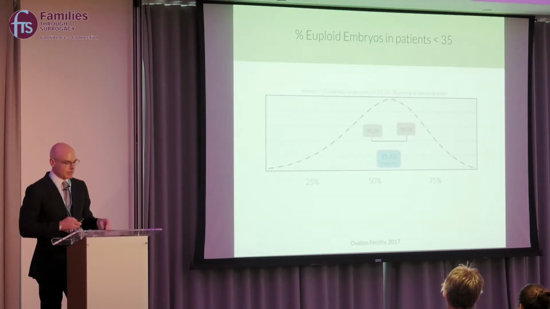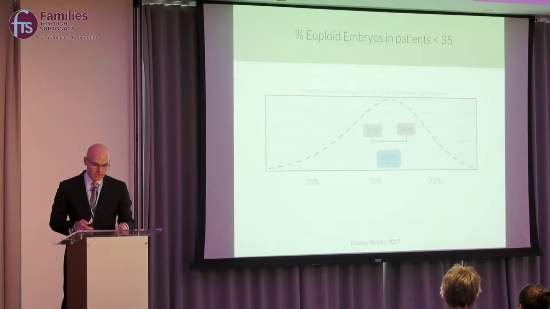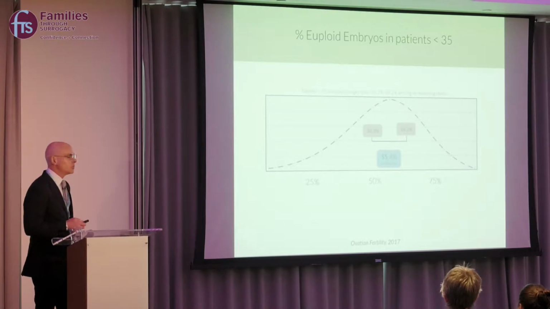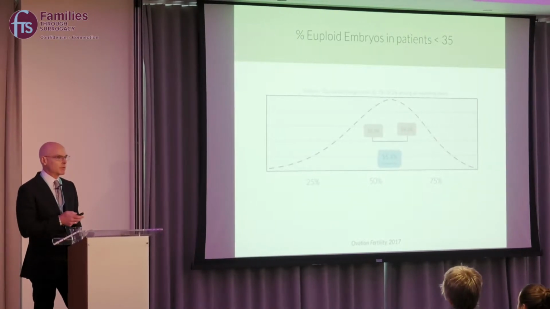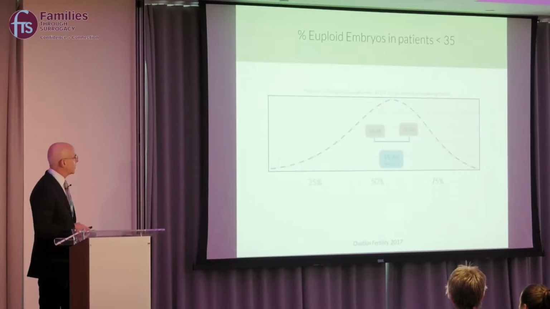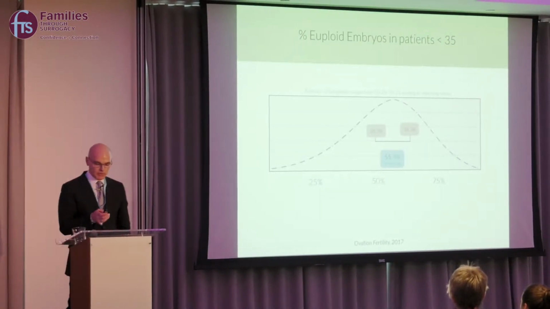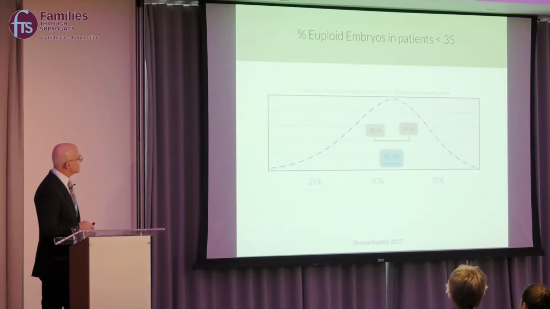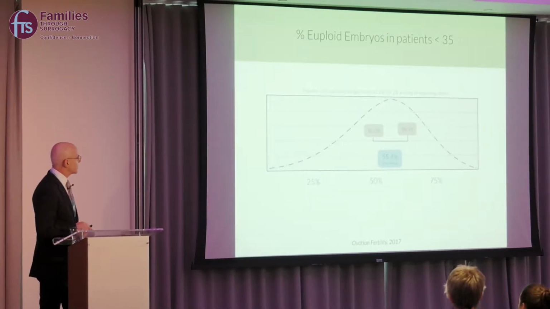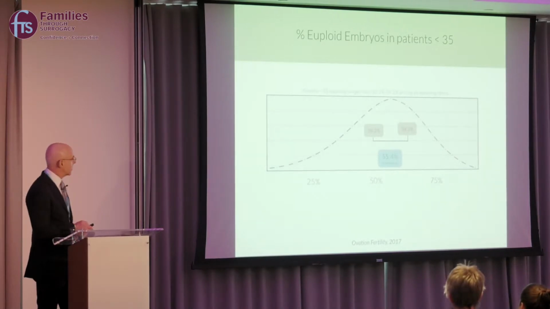And the next series of slides are going to show the percent of euploid embryos in patients at different ages. And these were performed by Ovarian Fertility, a group of large IVF programs in the United States. The first slide shows patients under the age of 35, where 55% of the embryos were euploid.